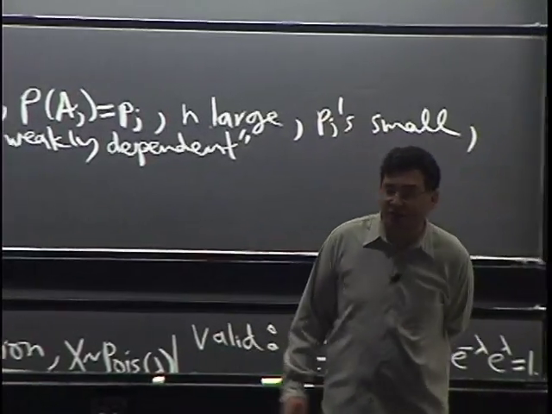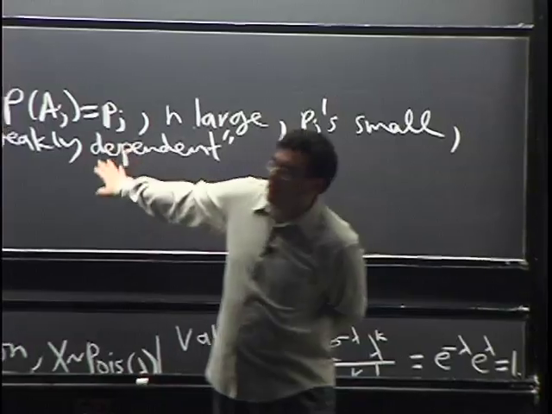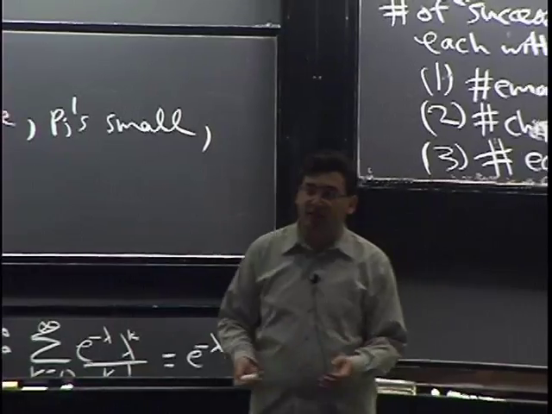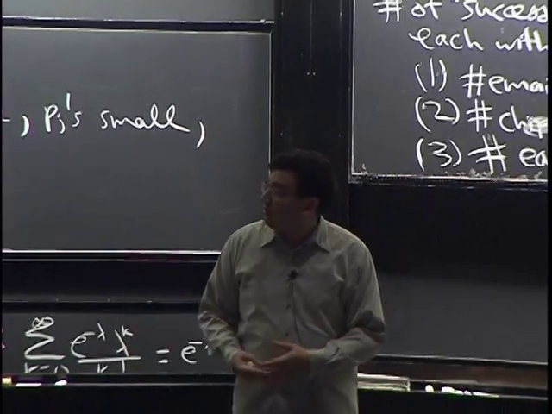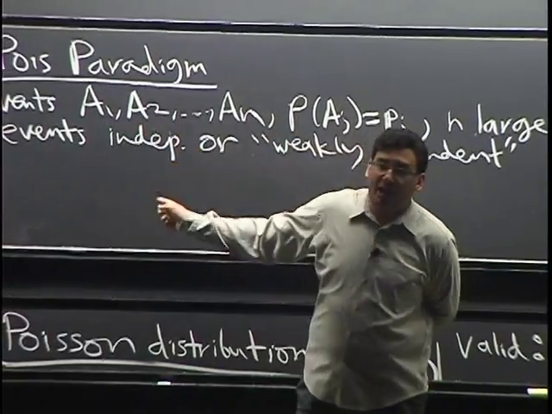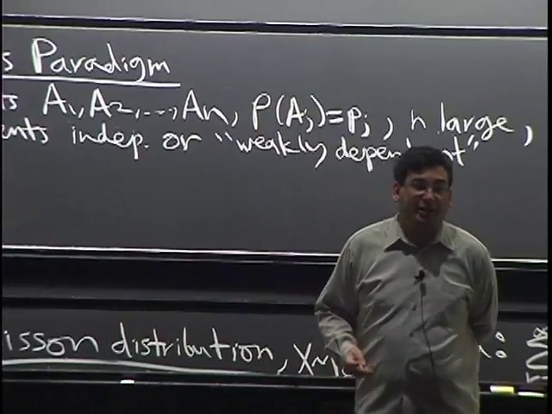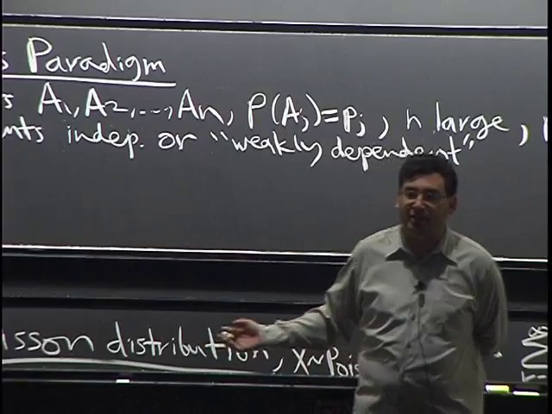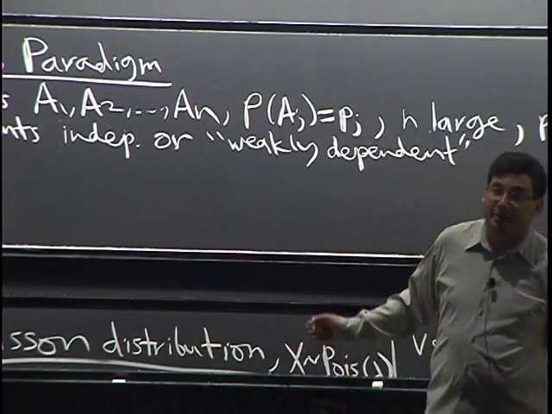The intuition is just that independence comes in degrees to some extent. Independence says that learning A1 through A3, whether they happened or not, gives us no information whatsoever about A4, A5, A6, and so on, whether they occur. That's what independence would mean.